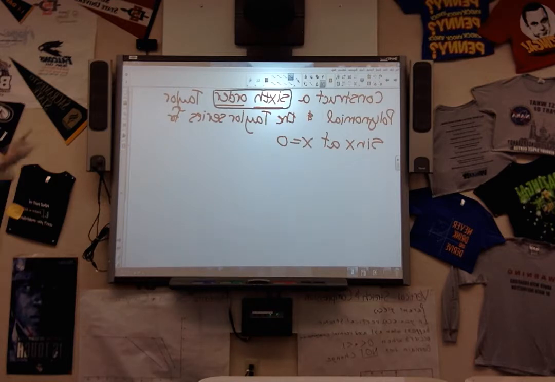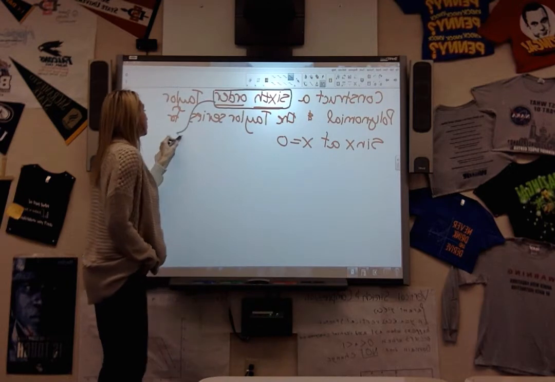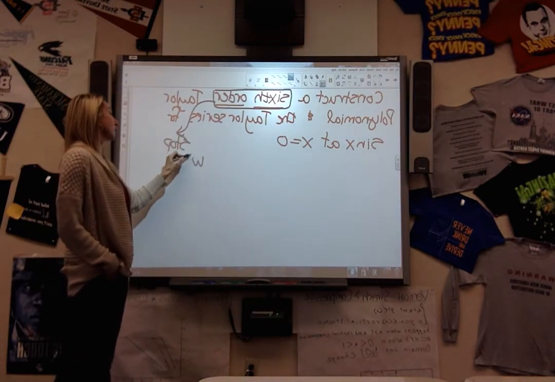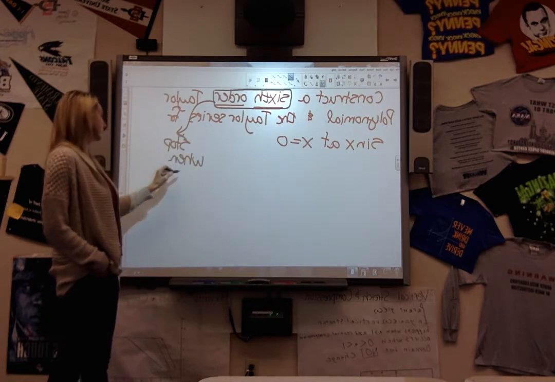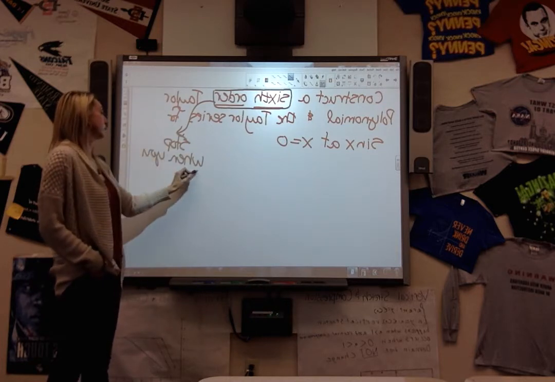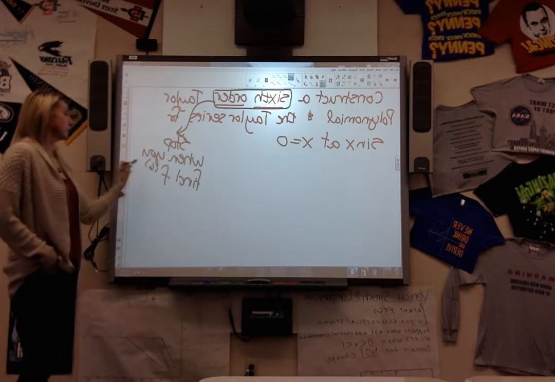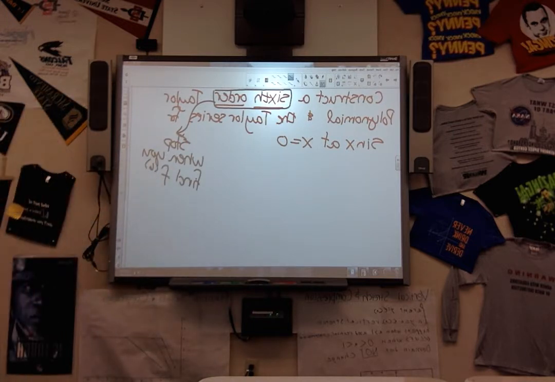So when they say 6th order, that is telling you to stop when you find your 6th derivative. If they ask you for a 4th order, you go to the 4th derivative. They will never ask you for a 10th order because we're not going to go to the 10th derivative.